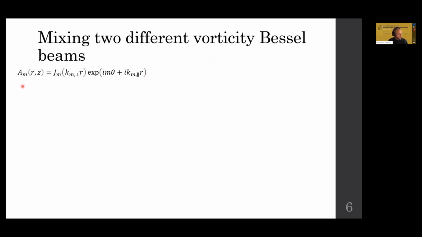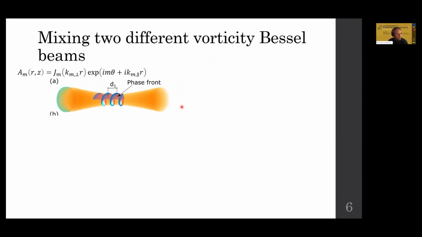Here is the equation describing the complex amplitude of such a beam in polar coordinates, and it's characterized by the parameter m, the topological charge, and the transverse and longitudinal wave vector components, which are associated with the wavelength or frequency of the wave.